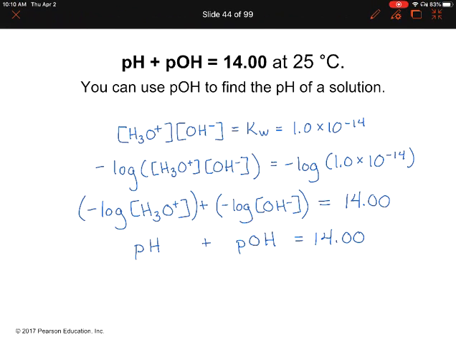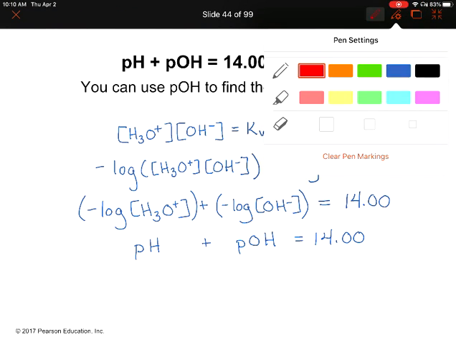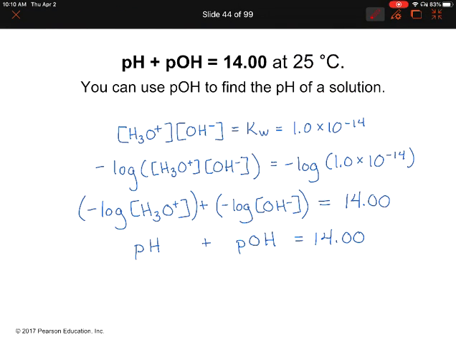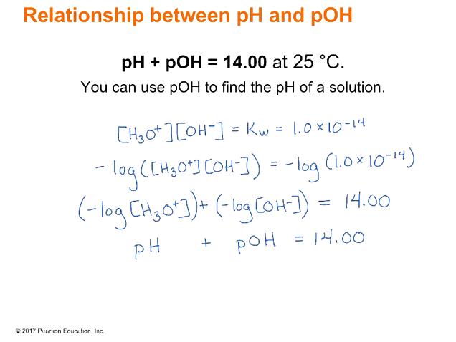So again, this is super useful because let's say you're running an experiment and you find that the pOH is equal to 6. You can very easily find the pH by taking 14 and subtracting the pOH.